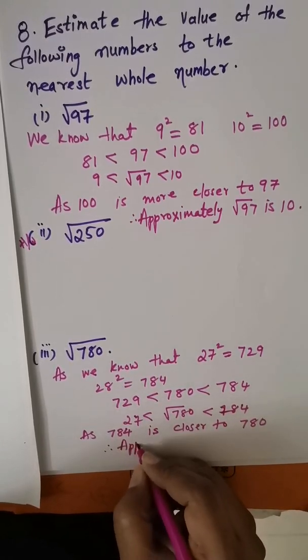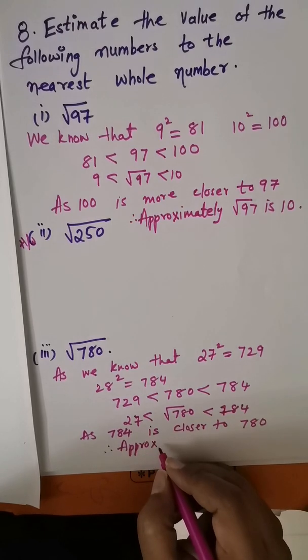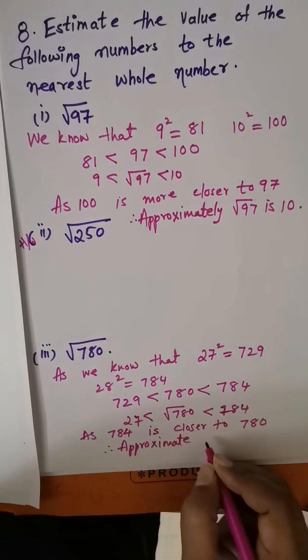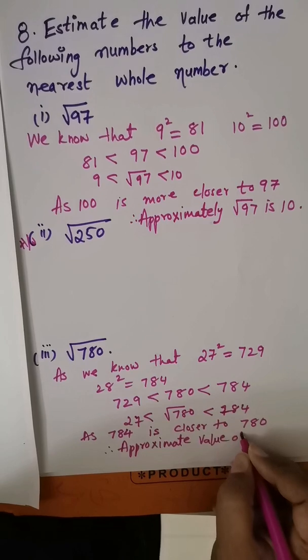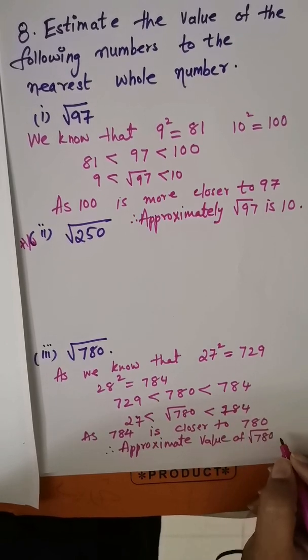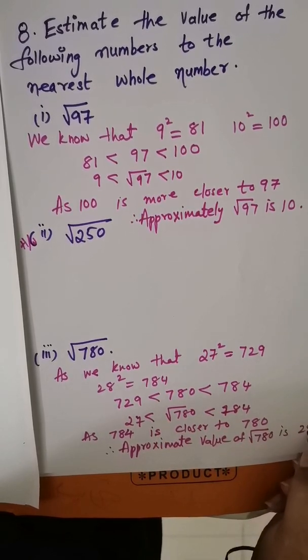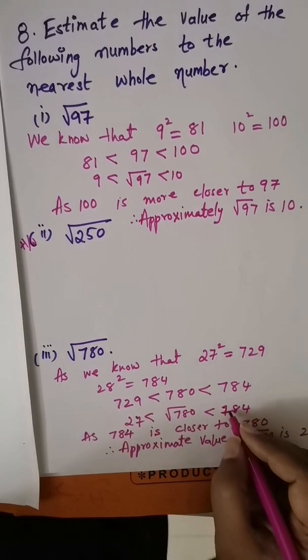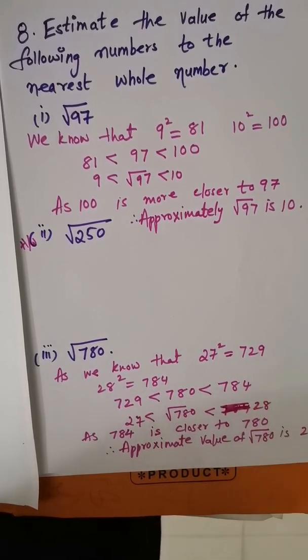Therefore, the approximate value of root of 780 is 28. Okay, children? Sorry, this is 28.